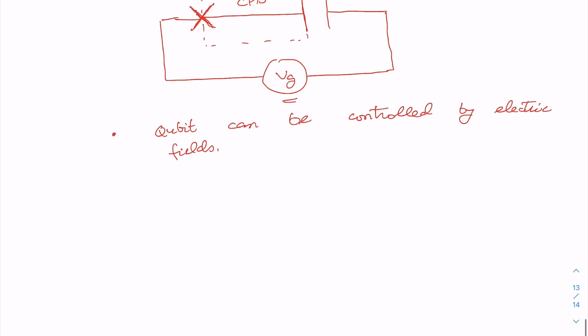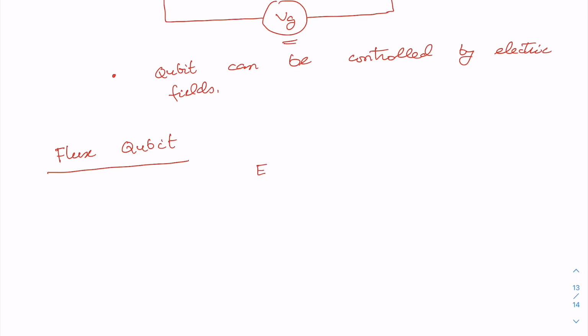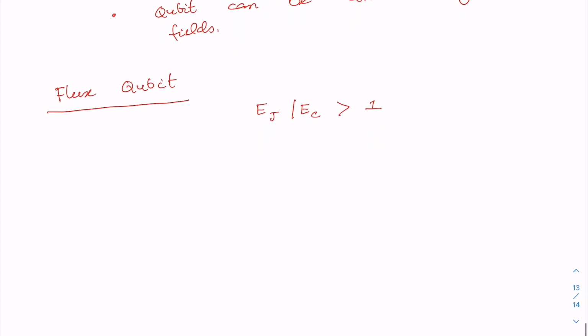There is another qubit, and that is called the flux qubit. You can guess that in the case of the flux qubit, the ratio is the opposite: EJ by EC is greater than 1. This is basically a superconducting ring like this, interrupted by one or say three Josephson junctions.